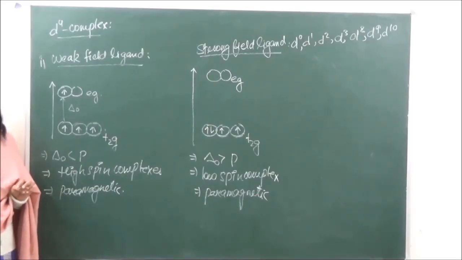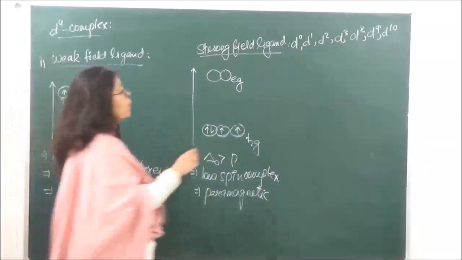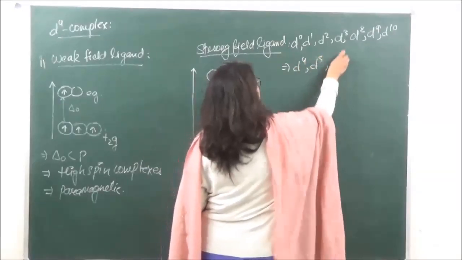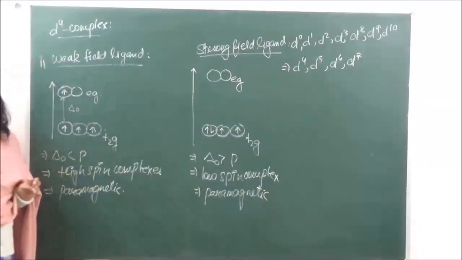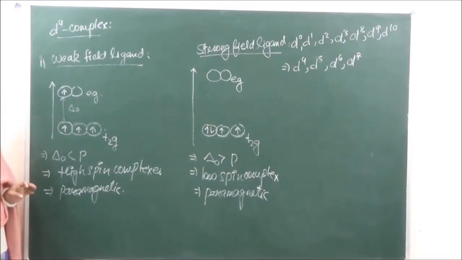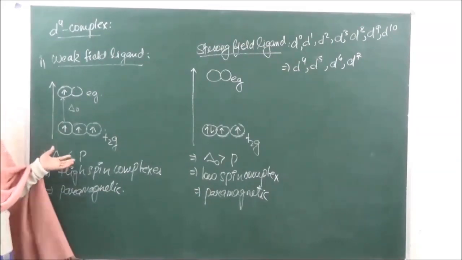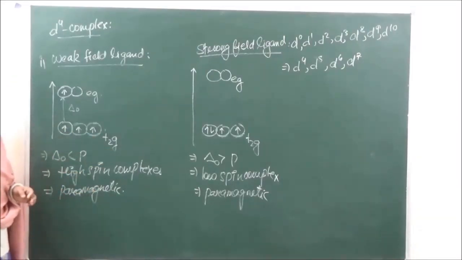It is going to have the same arrangement for both strong field as well as weak field ligands. Then when we are talking of d4, d5, d6 and d7, over here the arrangement will depend upon the kind of ligand, whether it is strong field or weak field. Is it clear? So in case of weak field ligand, the number of unpaired electrons is always going to be more. In case of strong field ligand, the number of unpaired electrons is always going to be less.